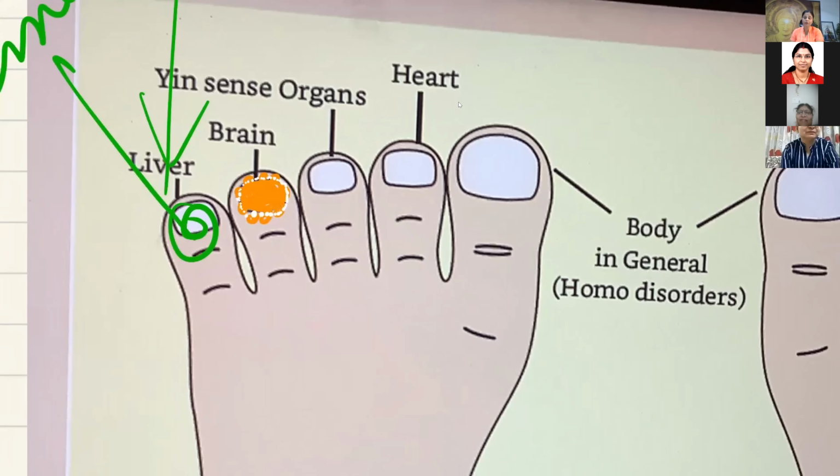Now, sometimes what happens, the nail is degenerated and it is very difficult to find the painful point, because this whole area is black. Sometimes you will see this.